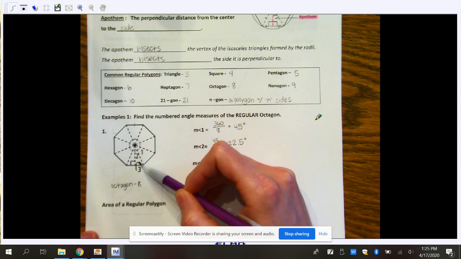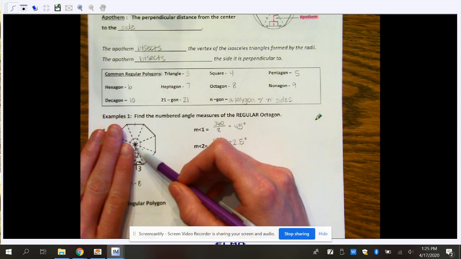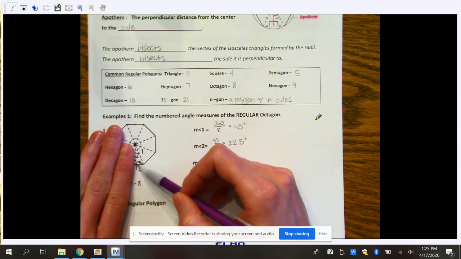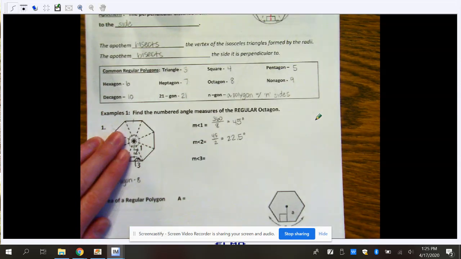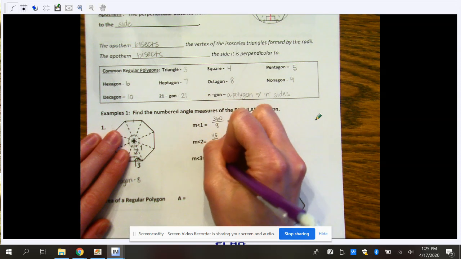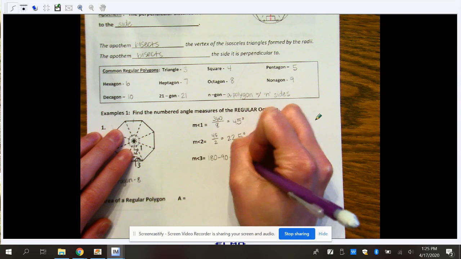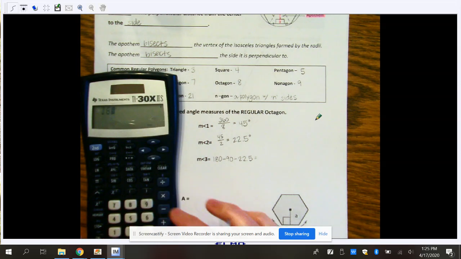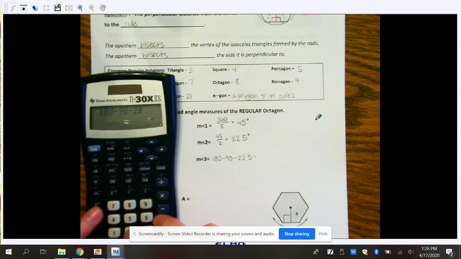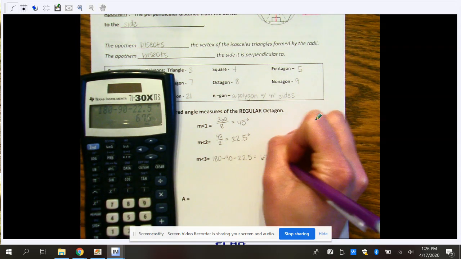And then to figure out this kind of corner angle right here, we would use this triangle. So if we know, again, this angle is also going to be 90 degrees. So if we take 180, the total degrees in that triangle, subtract 90, and then the 22.5 that we just found, we are going to get 67.5 degrees.